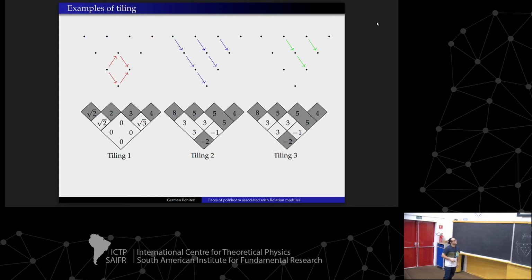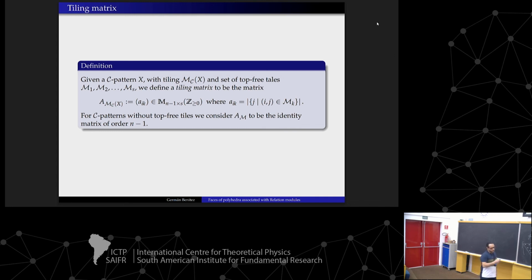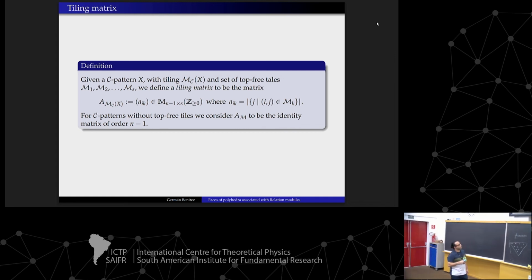To compute the dimension of the minimal face containing the C pattern, we define a matrix, a tiling matrix. The tiling matrix is a matrix with positive integer entries, and each entry counts the number of intersections between the top free tile and the i-th row.